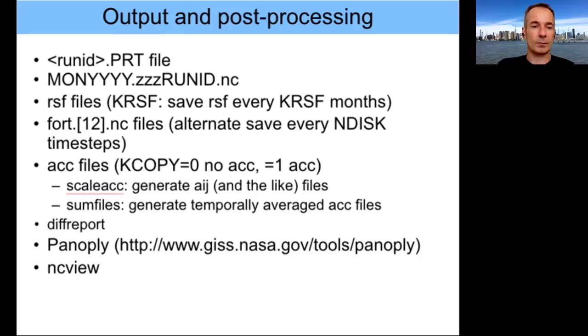The Fort files are essentially RSF files with very small differences, but they alternate between writing. So when the model starts, it immediately reads the initial conditions and then saves the fort.1 file that contains the model state with initial conditions alone and nothing else being run.